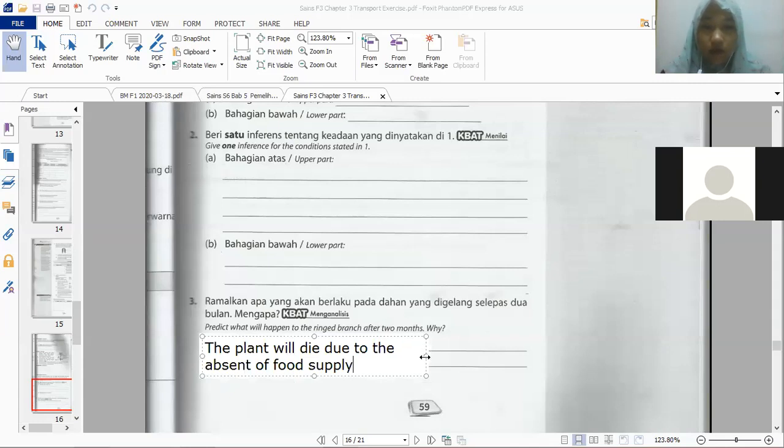The plant will die because absent of food supply. Yalah, because water ada. So water akan terus continue the photosynthesis process. But now the glucose akan transfer to all parts of the plant. So bila tak ada glucose, so the tissue tak boleh buat kerja dia. So that's why the plant will die.